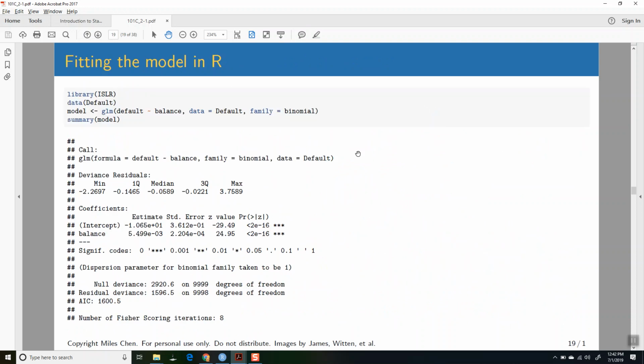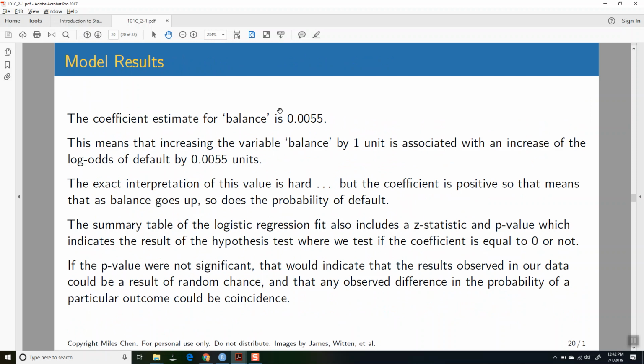So as far as the effect on the probability itself, it's not linear, but it's linear if we're talking about the log odds of default, okay? So the exact interpretation of this value is a little hard to understand. But it does tell us that the coefficient is positive, which tells us that as the balance goes up, the trend is that the probability of default also goes up.